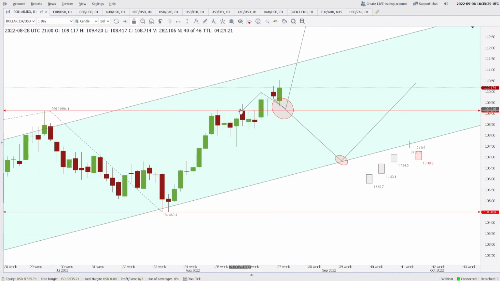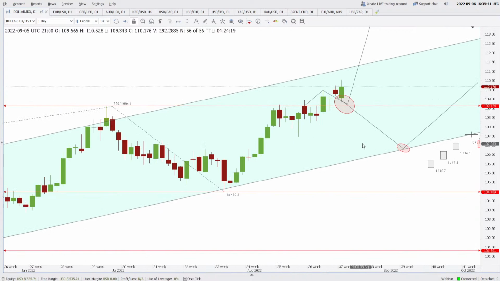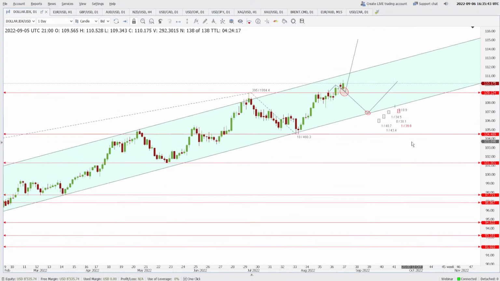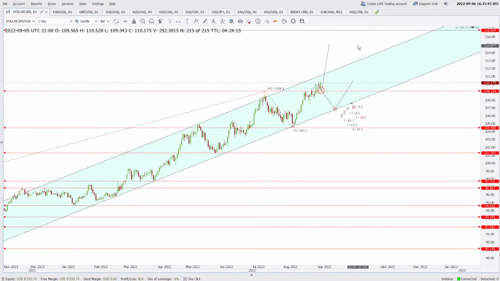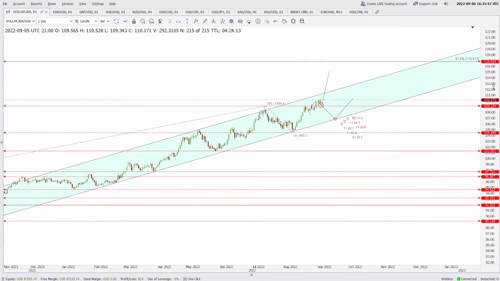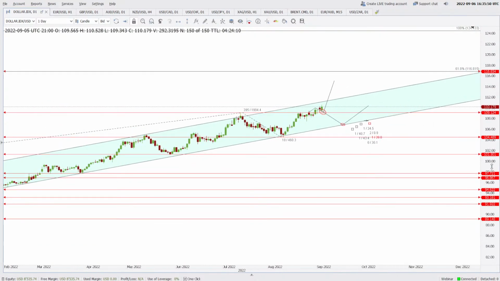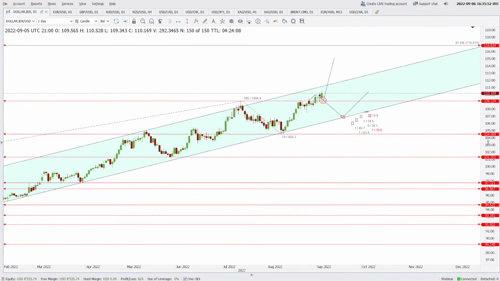And now where are the next targets for this market? The next target for this market is still at 116.83. This is the first target which we will be looking for, but that is not going to happen in a day or two, because this is the index of the dollar, showing how the dollar is performing with respect to the other major currencies.